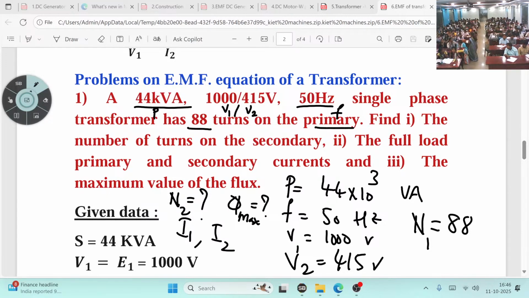How many values do we have to find out? We have to find out N2, phi max, I1, and I2.